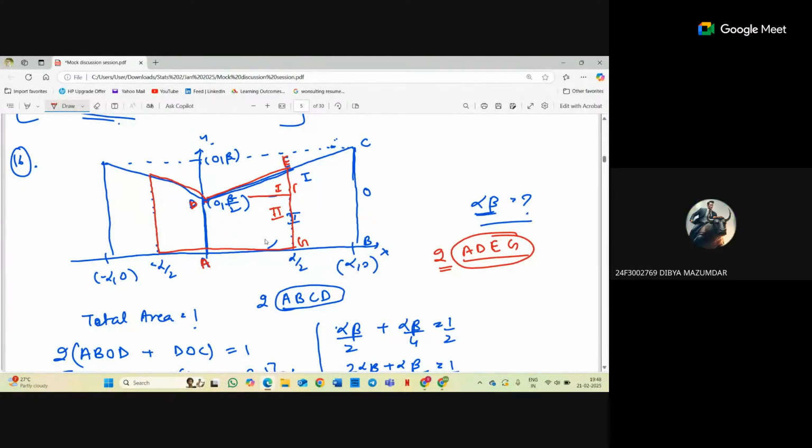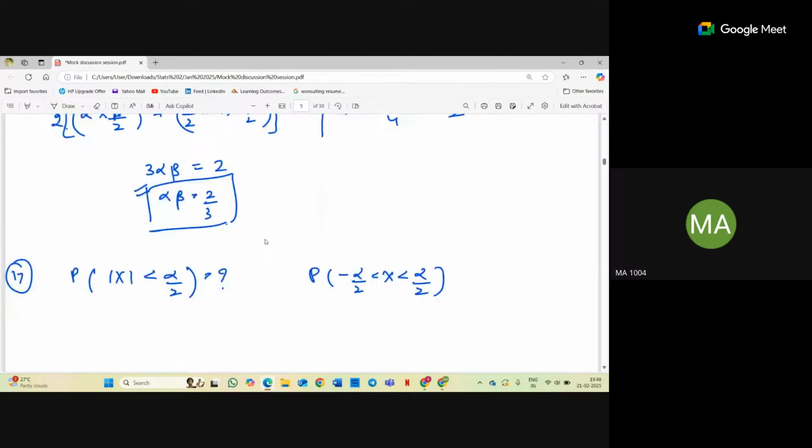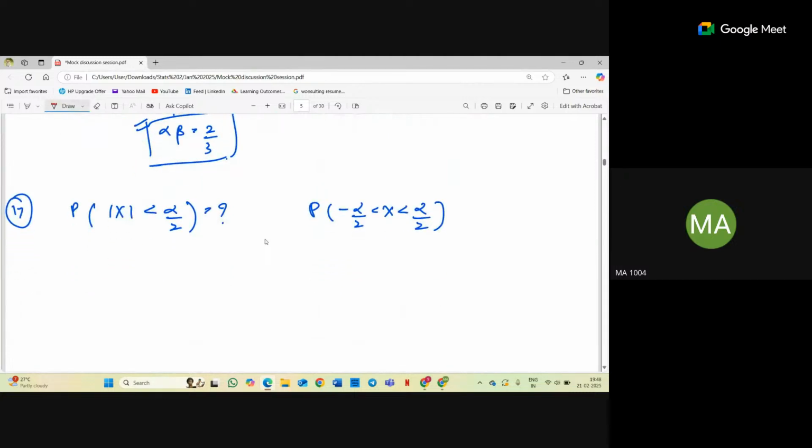No. For finding question number 17? No. We have to just find out the area here. So, okay. Now this, I can write as 2 into the area of A, D, E, G. Correct?